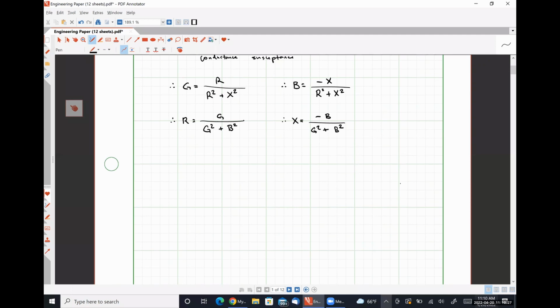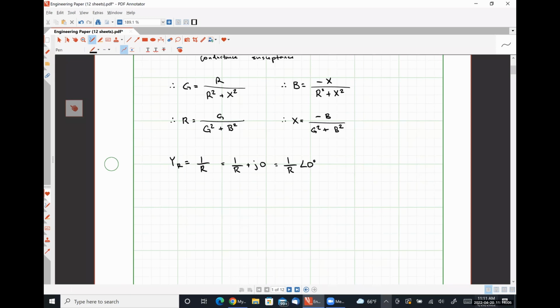The admittance of a resistor is simply 1 over the impedance of a resistor, or 1 over R, which could be written in rectangular form as 1 over R plus j0, or in polar form as 1 over R angle 0 degrees.